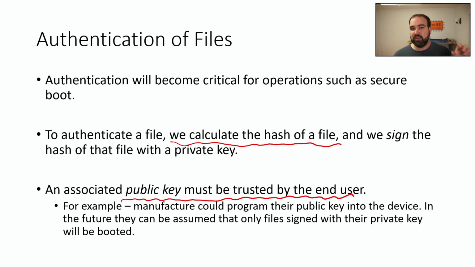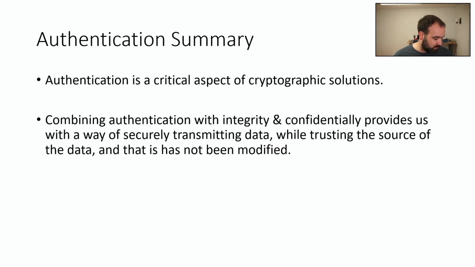If you're given the file, you can calculate the hash yourself and then validate that the signature and the hash match, and therefore this file must have originated from whoever owns that private key that we have the associated public key for. So this is one of the ways that we basically combine everything to provide us with the required features of a secure system.